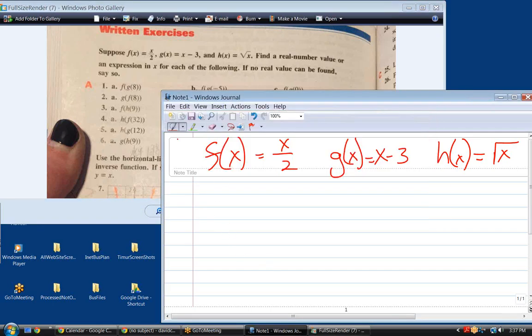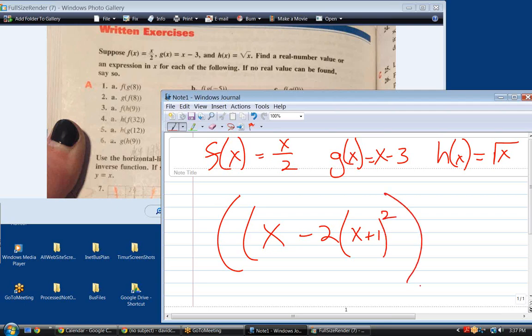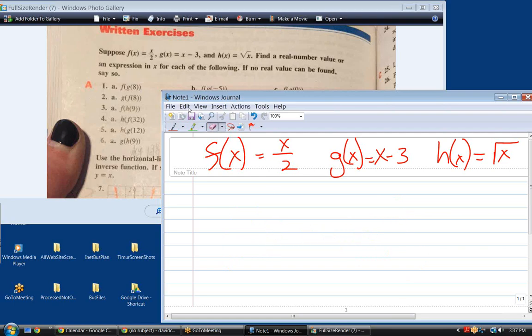If I give you something that's got a whole bunch of parentheses nested in it, the way you do these is you start from the inside parentheses. You do that one first, you distribute it, and then you do the next. That's the way you do all these kinds of problems: you work from the inside out.